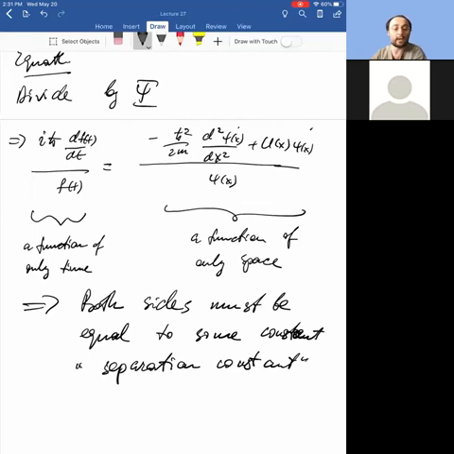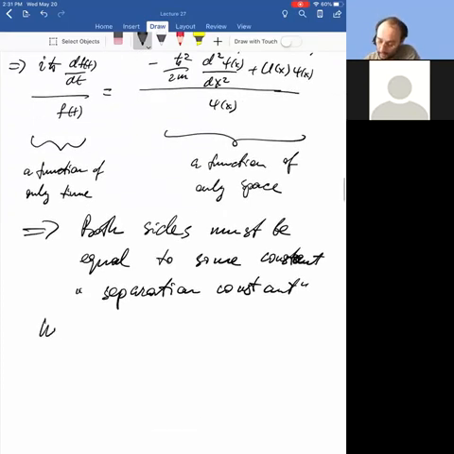We could just use a generic letter, but in foresight, having done this already many times, I'm going to use the letter E, okay? The reason is that you will see that the physical meaning of this separation constant will be energy.